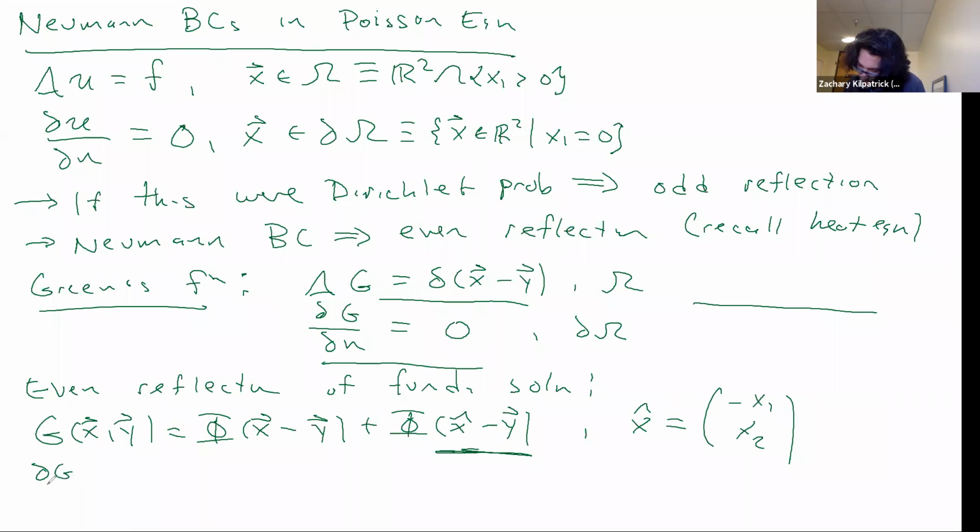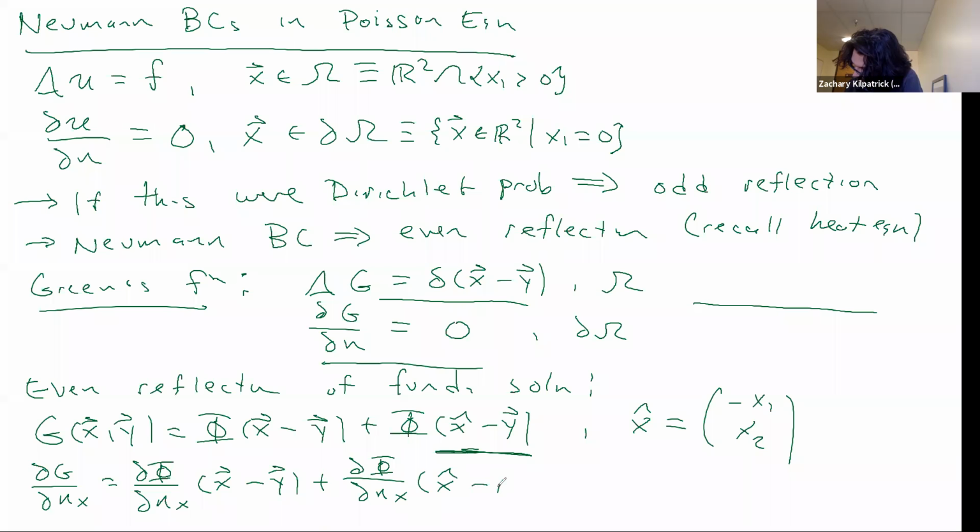So now dg dnx here, okay, is going to be the normal derivative of the first term plus the normal derivative of the second term, right? I'm just denoting that I'm differentiating with respect to x, not with respect to y, okay?